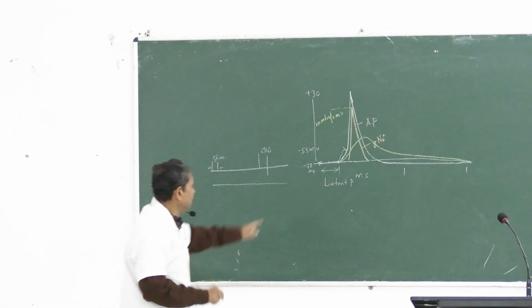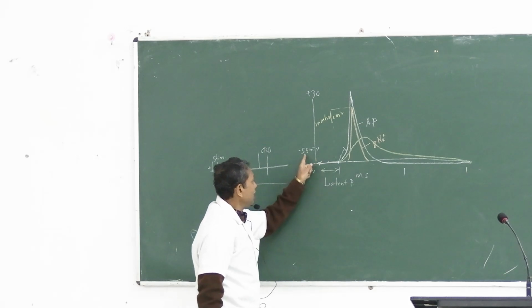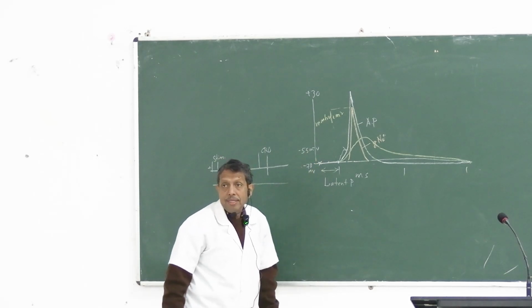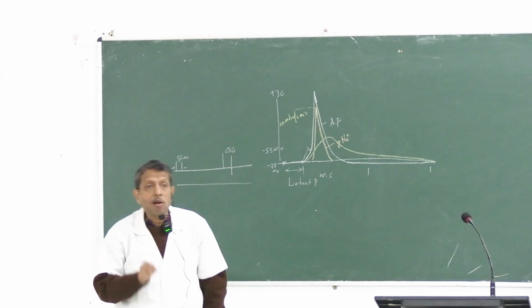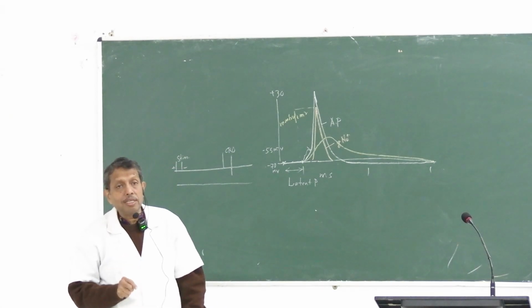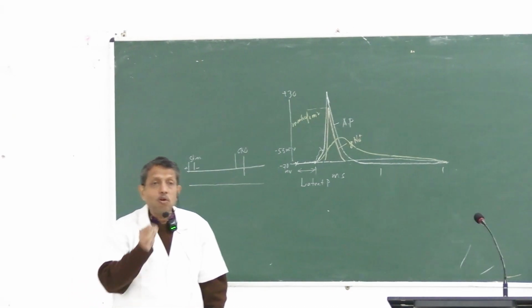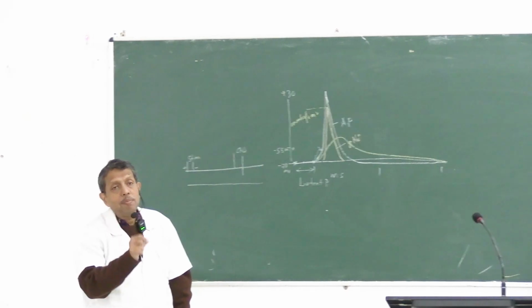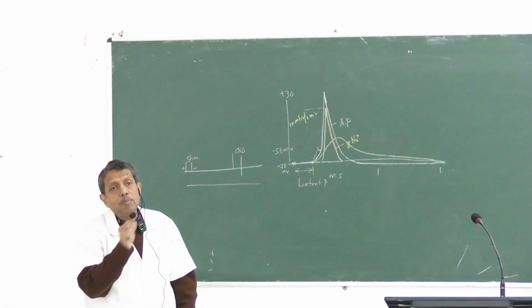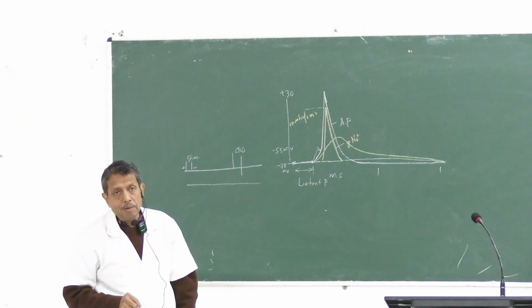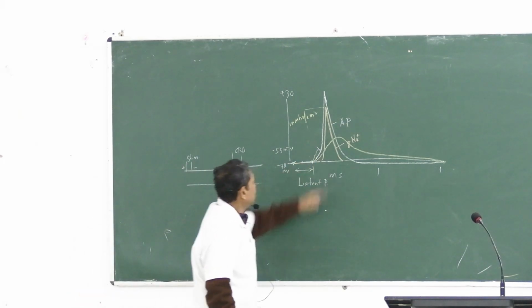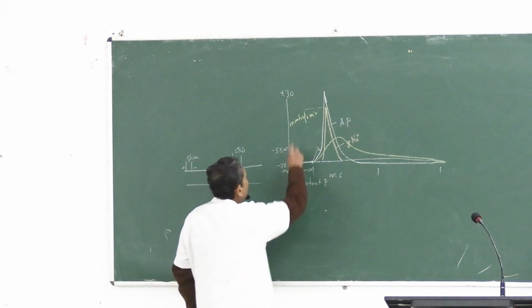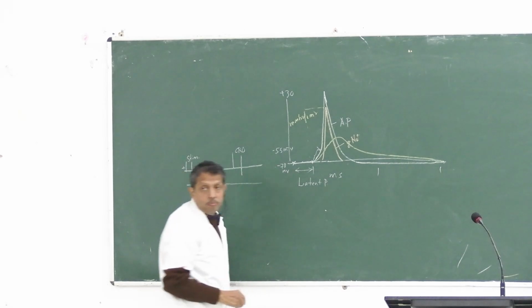And when it reaches this value of minus 55 millivolt, then there is abrupt opening of a good number of voltage gated sodium channels, and that overwhelms every attempt to bring it back to the normal level. And then there is runaway depolarization, up to a level of plus 30 millivolt.